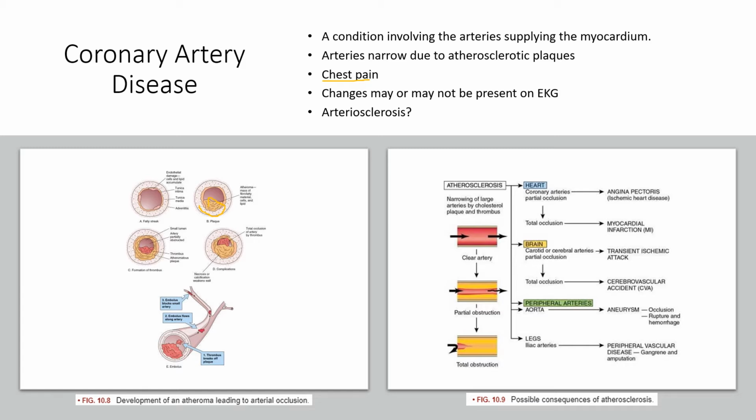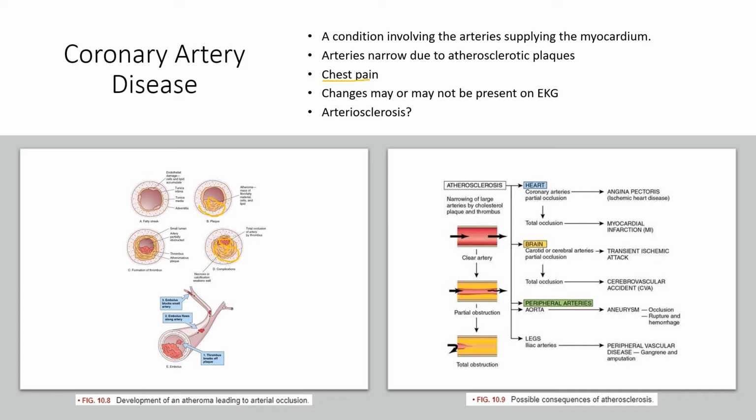You can see the plaques start to develop here. As the plaques develop more and more, they start to occlude, and then thrombi can get lodged in the vessels as well. So the vessels can become completely occluded, which could be very, very bad eventually.